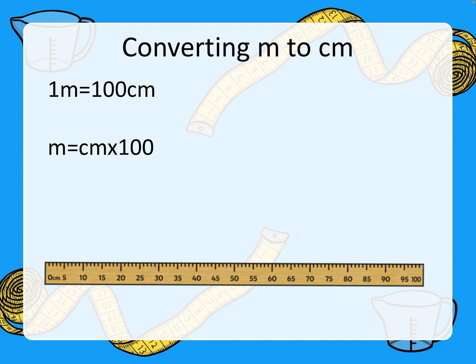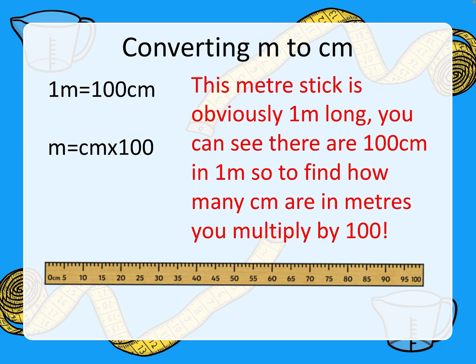So per meter is 100 centimeters, which means that to find the centimeters, we multiply the meters by 100. You can see there are 100 centimeters in a meter, so to find how many centimeters there are, you multiply by 100.